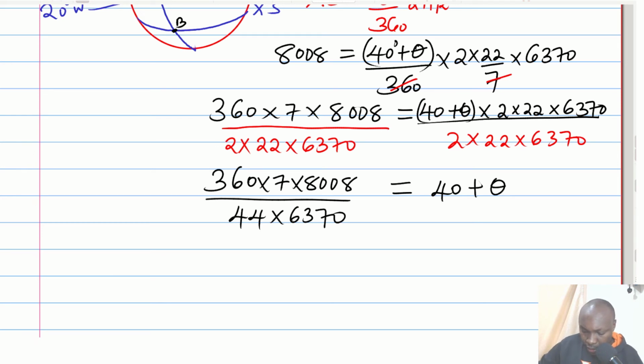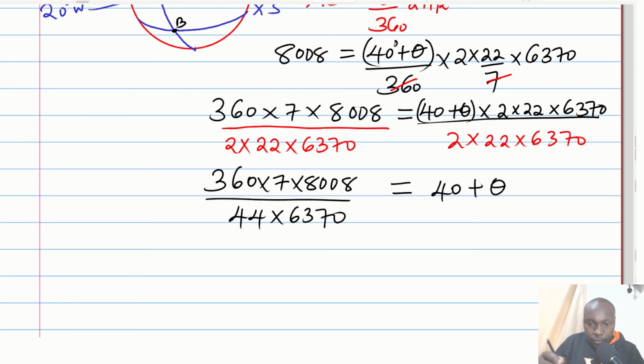Now you can see we are making it easier, so let me use the calculator and work out the left hand side. This is 360 multiplied by 7 multiplied by 8008, then everything divided by 44 multiplied by 6370.